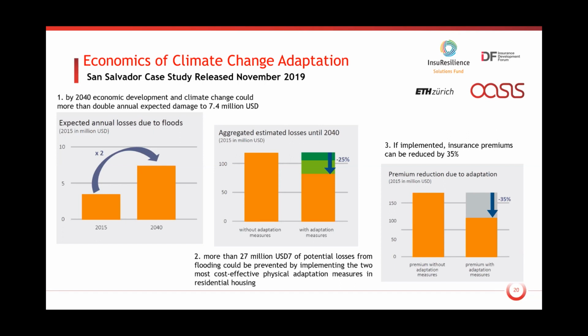Now, the output of the model is used, as Matt showed, in things like pricing of premium. So if your risk reduces, your premium would reduce as well. So by taking these adaptation measures to reduce potential future losses, we can also quantify how much that will translate into insurance premiums that would be saved.